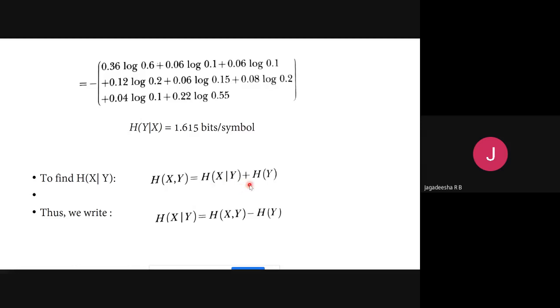This is the equation for finding H(X,Y). Some of the values we already know, so we can write the joint entropy of XY minus the entropy of the output. That gives us this parameter that is written here. These values we have ready in hand. We just substitute here and get the value.